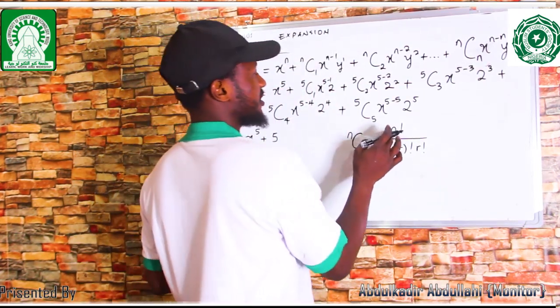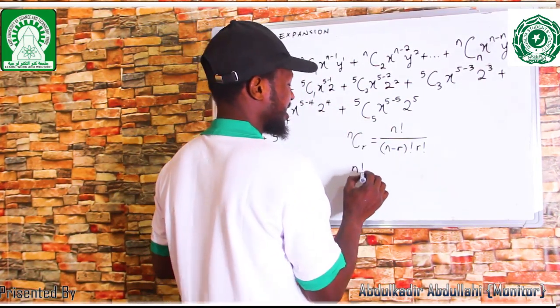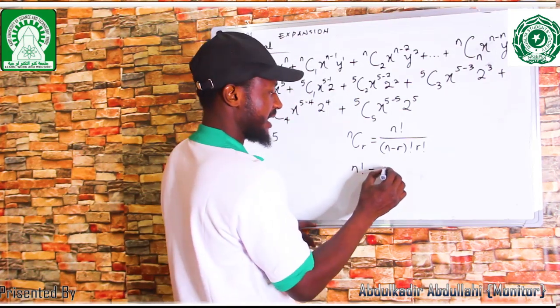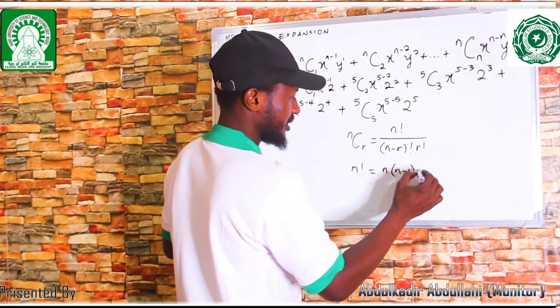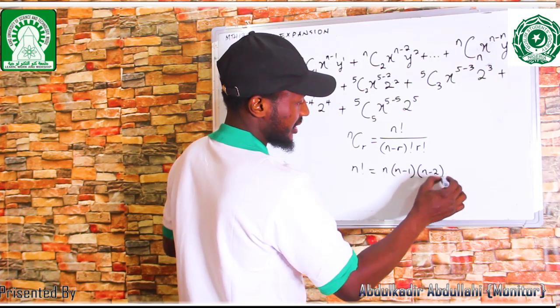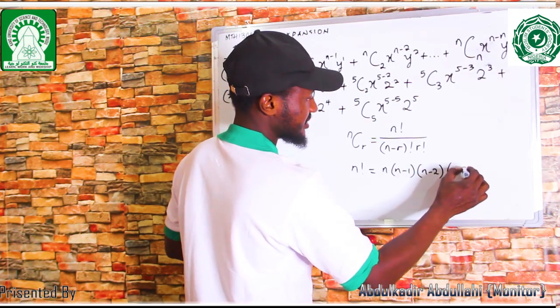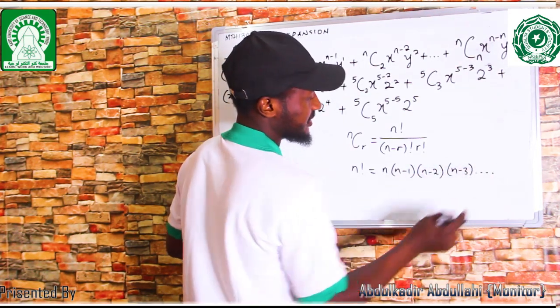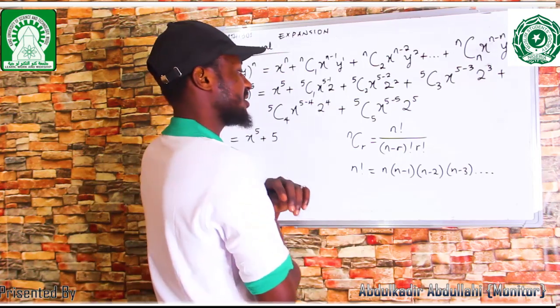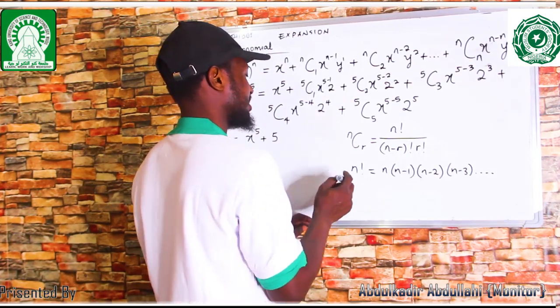Here n factorial is nothing but n times (n minus 1) times (n minus 2) times (n minus 3) until you reach a single unit number.